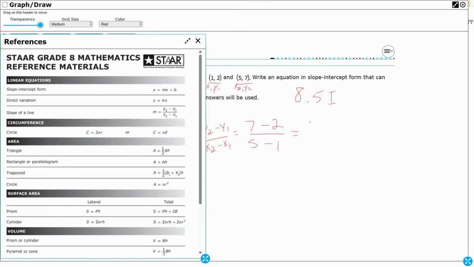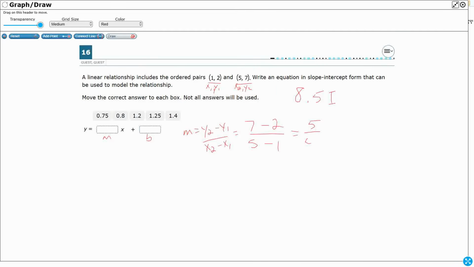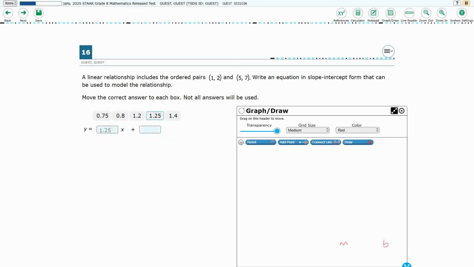So 7 minus 2 is 5, 5 minus 1 is 4. Okay, so I've got 5/4, and I'm going to need to put that into a decimal. So this is going to be 1 and 1/4, which is 1.25. All right, so we can at least put that right there.